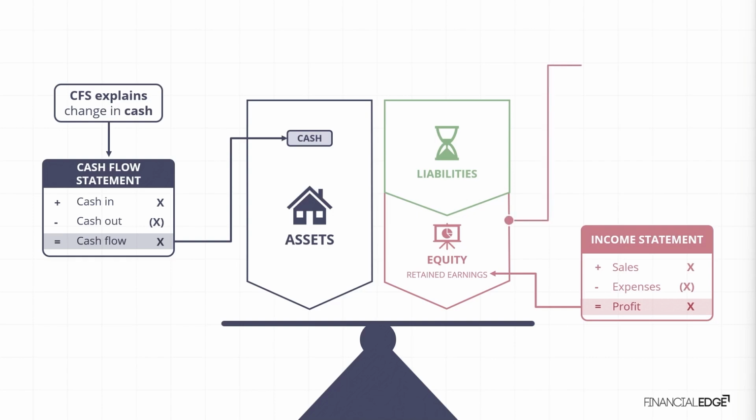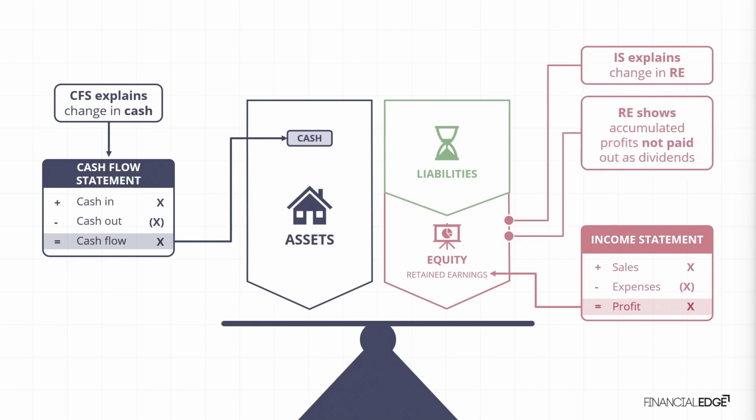And the income statement shows me that information because retained earnings shows accumulated profits not paid out as dividends. And where do we find the profit for each year? On the income statement. So here's my income statement. Let's assume that the profit was 20 and we had no dividends. That would explain why the retained earnings went up by 20 from 70 to 90.